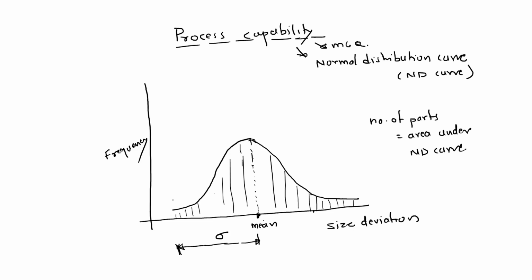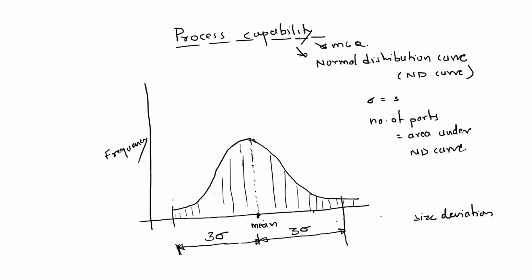Sigma is the standard deviation, and this is the value 3 sigma up to here. This is the size deviation axis. And let's say here it is the second limit, 3 sigma.